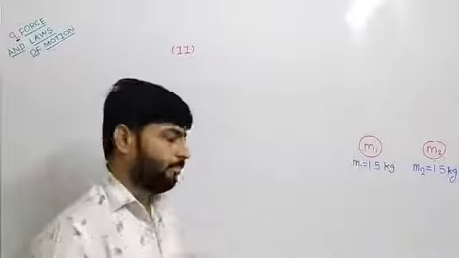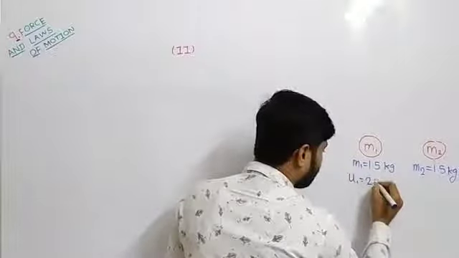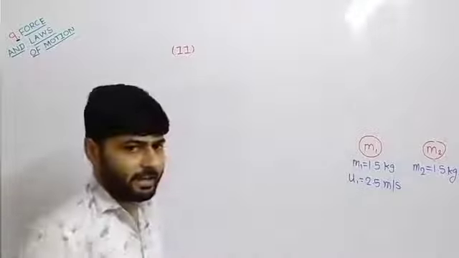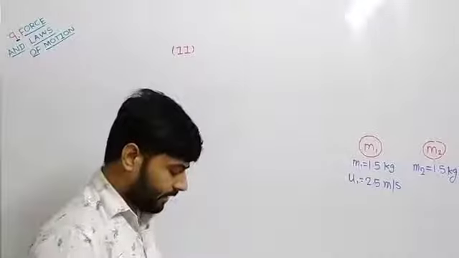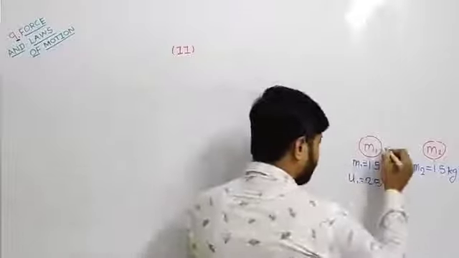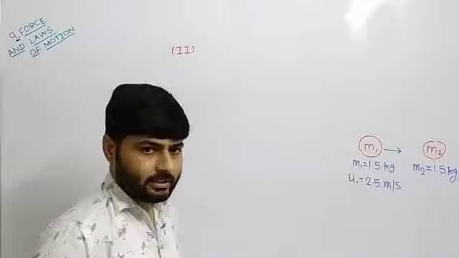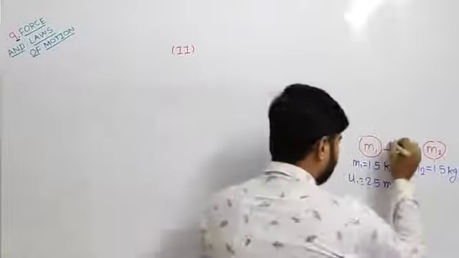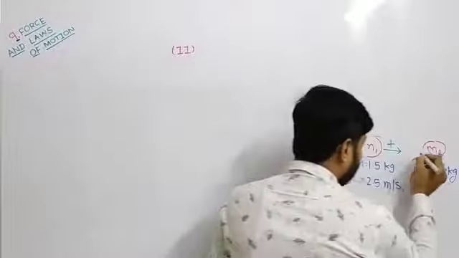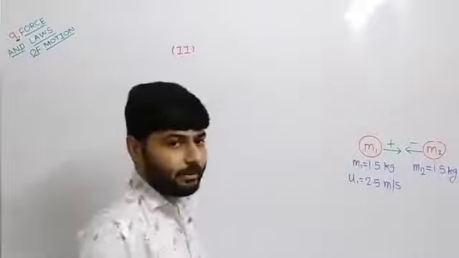Both move with the same speed, that is initial velocity U1 is equal to 2.5 meter per second, and here is the important point. If I consider this ball moving in this direction, to the right, and I consider right direction as positive, then I must take the left side direction as negative.